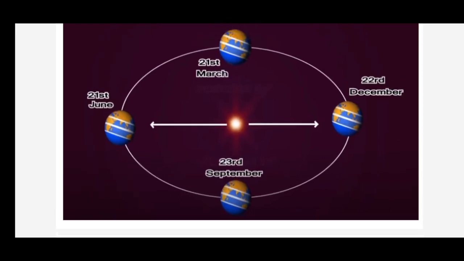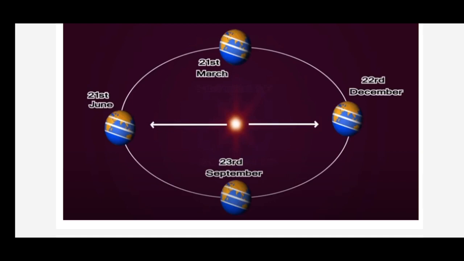Here we understand that the apparent movement of the sun is in the north because the northern hemisphere is tilted towards the sun. But from 23rd September onwards, the southern hemisphere faces the sun, so the apparent movement of the sun is towards the south.